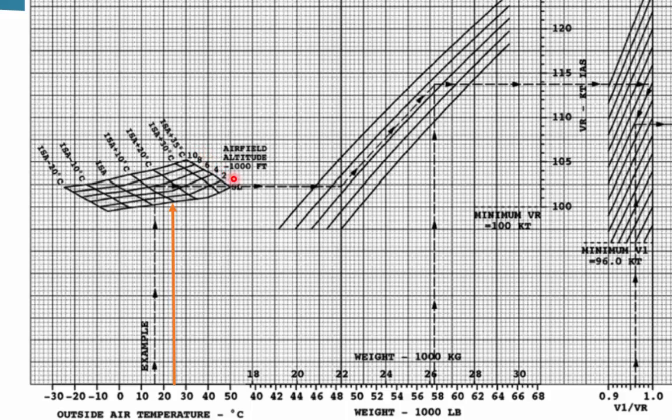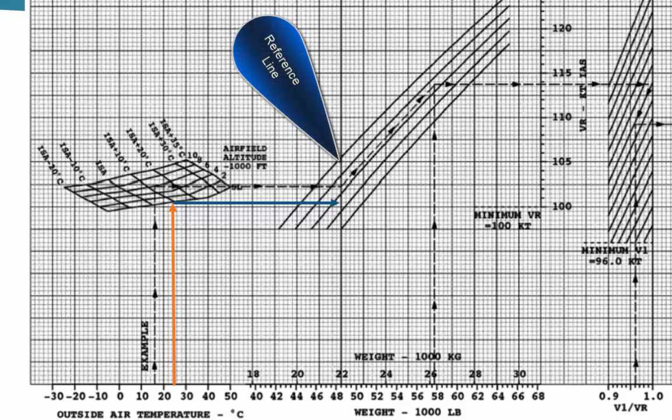Here's our altitude for the airfield in thousands of feet. So this line for sea level comes along here, and we draw a line up and intersect it. And then at this point, we can move over, following my blue line, all the way over to the reference line. And then at the point at which we hit the reference line, we begin following these diagonal guidelines.